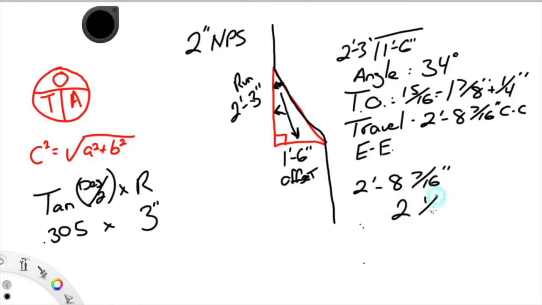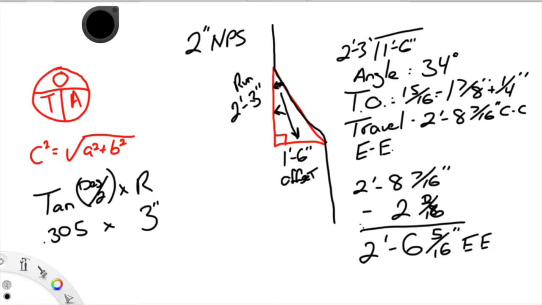We're going to subtract that from 2 foot 8 7/16. So I'm going to convert this to 16ths to make it easy. That's 2/16, and now we can subtract them. We got 5/16, 6 inches, and 2 feet, and that's our end-to-end measurement.